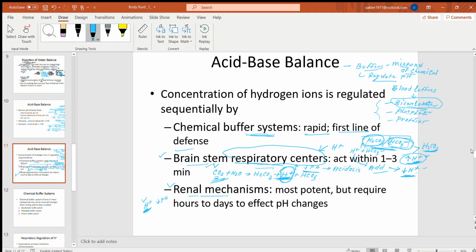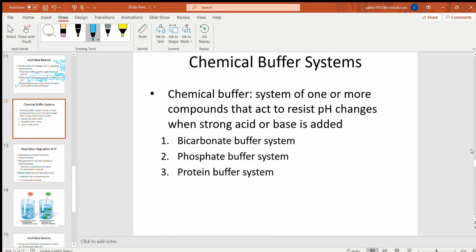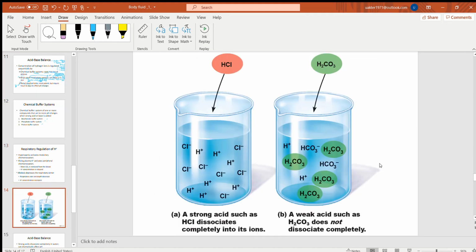Okay, here you see those three types of buffers I just mentioned. Acids are the chemicals that can quickly release or donate hydrogen. More hydrogen means more acidic, less pH, you already know.